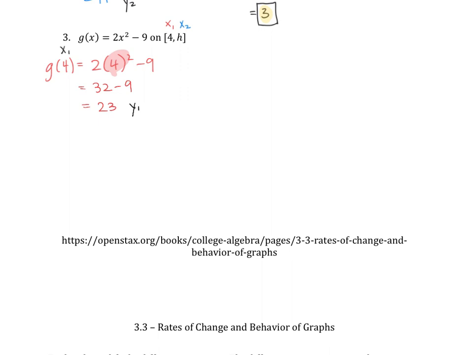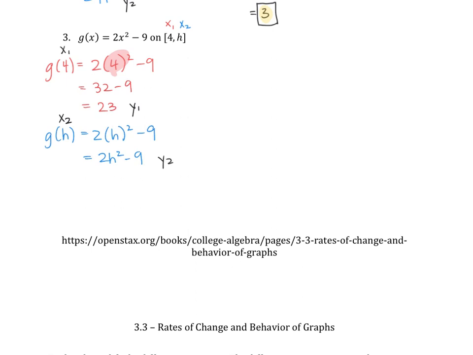All right, now I want to do the x2, that's h. So g of h is equal to 2 times h squared minus 9. So this is going to be 2h squared minus 9. There's nothing else I can do here. So that entire expression is my y2. So here's x, whoops, not 1. Here's x2, so this is y2.